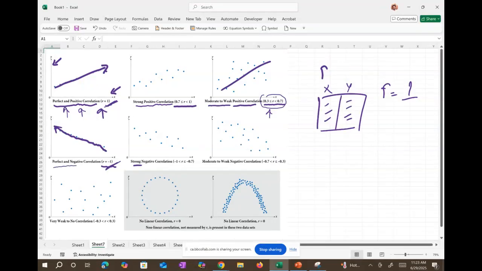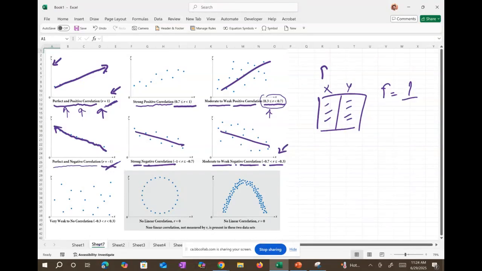So what does this mean? A perfect negative correlation exists between x and y values. Same process, strong negative correlation exists between x and y values. And down here, a moderate to weak correlation exists between the values when the r value lies between -0.7 and -0.3.